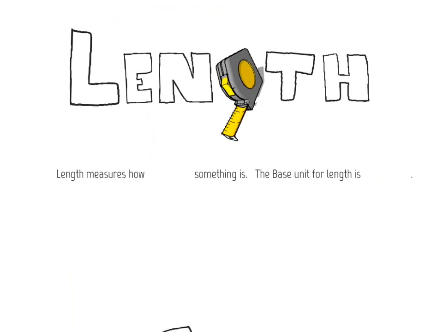The first type of measurement that we're going to be looking at is length. And length measures how long something is. And in the metric system, the base unit of length is a meter. We can keep applying those prefixes that we just talked about. The meter is the base unit, so a kilometer would be 1,000 times longer than a meter.